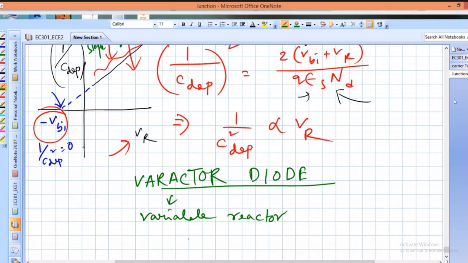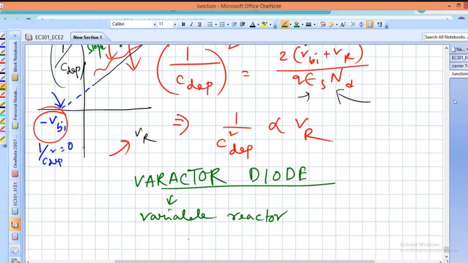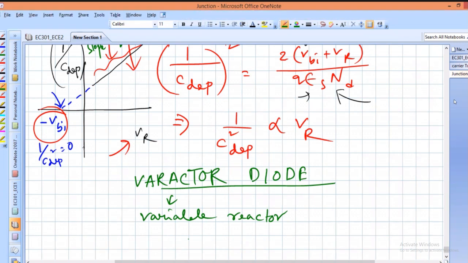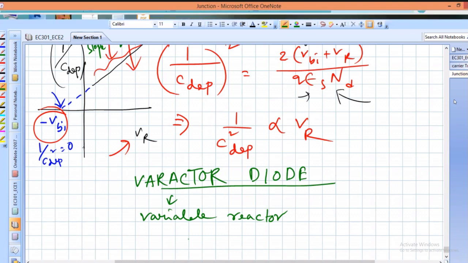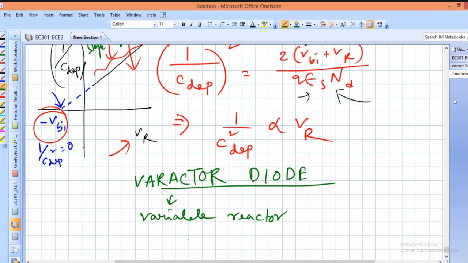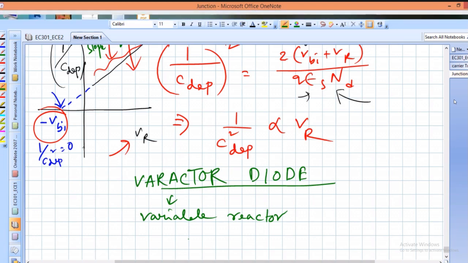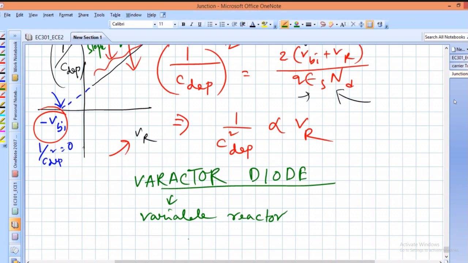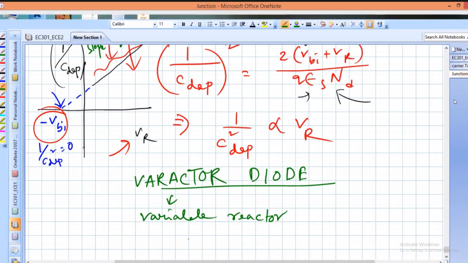If I give you an example, that will be much clearer. Voltage variable tuning, in your daily life you utilize this type of tuning. I don't know whether you see a radio or not. Previously, whenever we tried to fix a channel in a radio, we varied the tuning knob for the selection of the channel. Whenever we change the channel selection knob, we actually change the capacitance inside the circuit by varying the voltage.